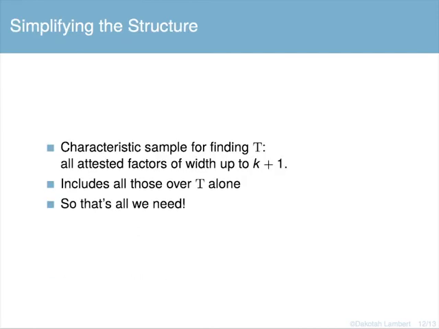One can simplify this structure, though, noticing that the characteristic sample for determining the tier is all attested factors of width up to k plus 1. We see that this includes all of those factors over the tier alphabet itself. So that's really all that we need.